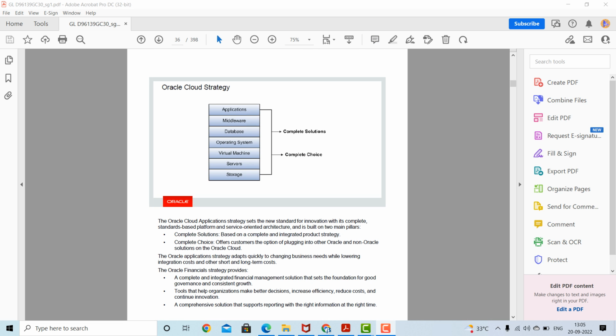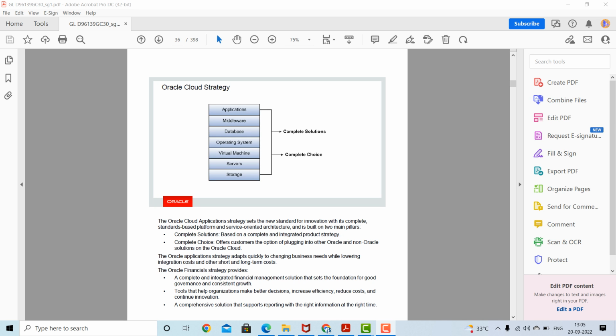So these are the Oracle Cloud strategy, where application, middleware, database, operating system, and virtual machine, server, storage fully make up the Oracle Cloud strategy.